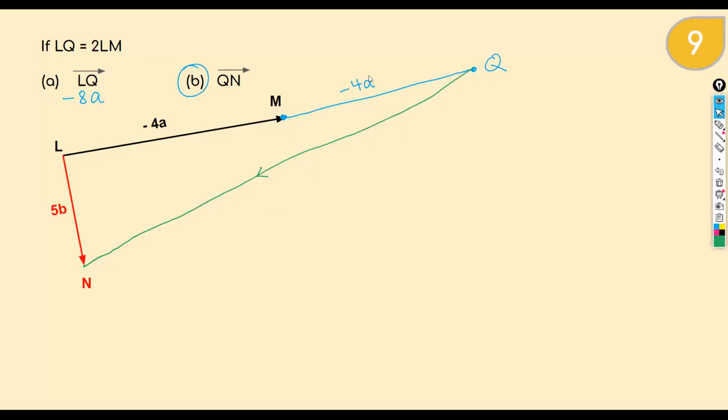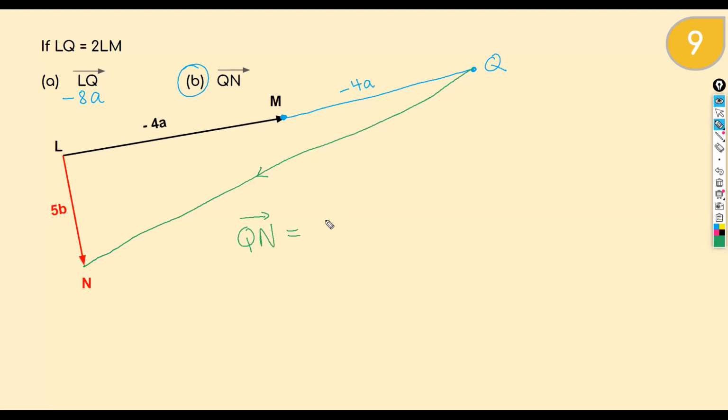Right, so let's work this out. To go from Q to N, we have to put on the plan for the examiner. We could break it up into 3 parts, right? We could journey from Q to M, M to L, L to N. Even if you go from Q to L in one shot, you're going to get the same answer.